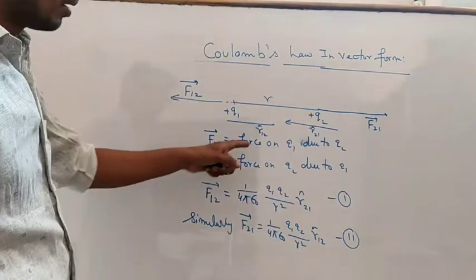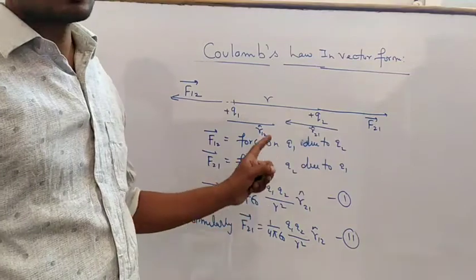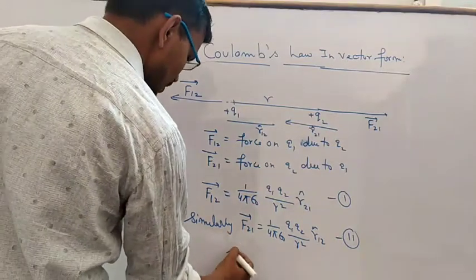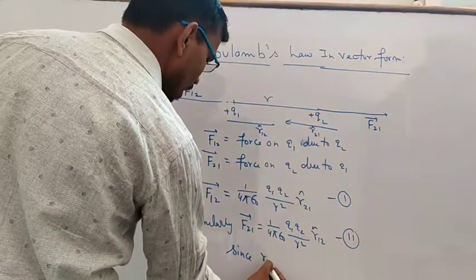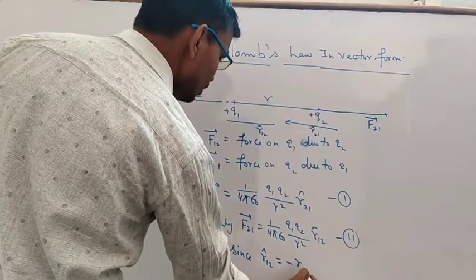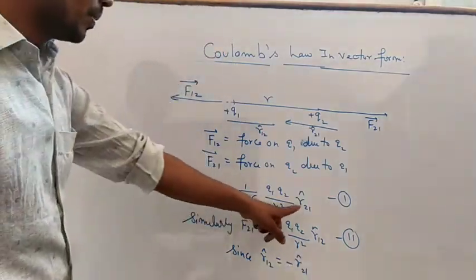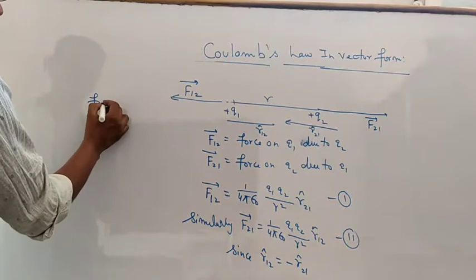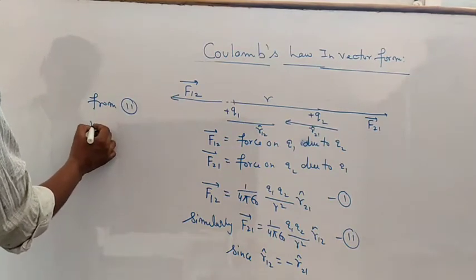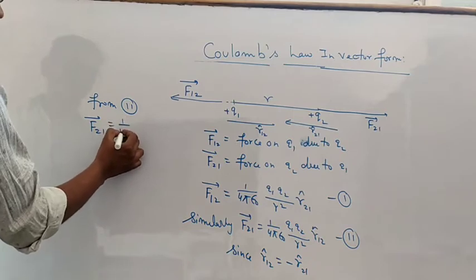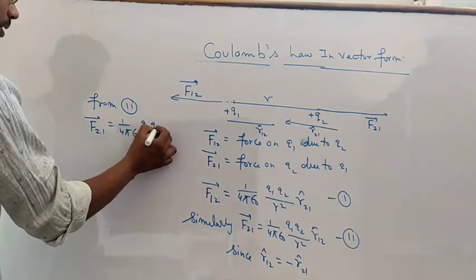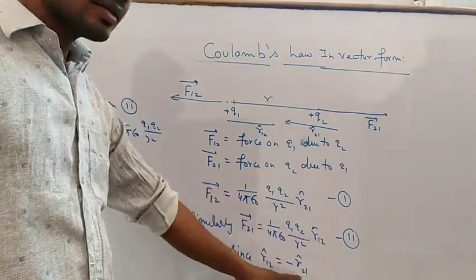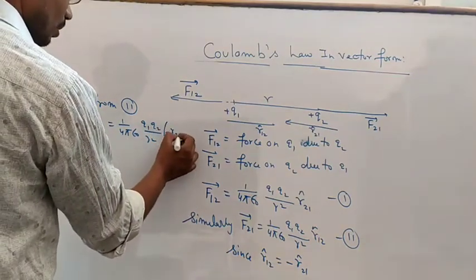Both are unit vectors, so their magnitude is one, but their directions are opposite in nature. Therefore we can write r12 cap equal to minus r21 cap. So from equation 2, vector F21 is equal to 1 upon 4 pi epsilon naught Q1 Q2 upon r square, and in place of r12 cap we write minus r21 cap.